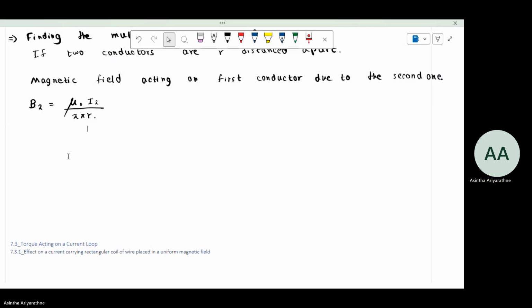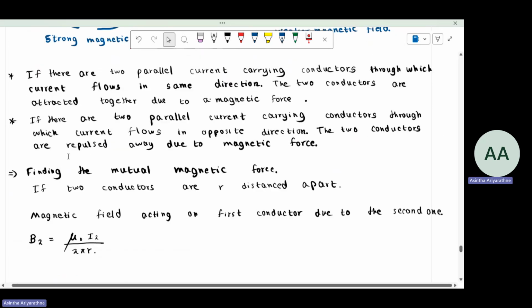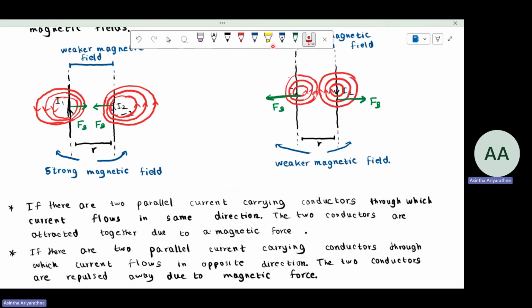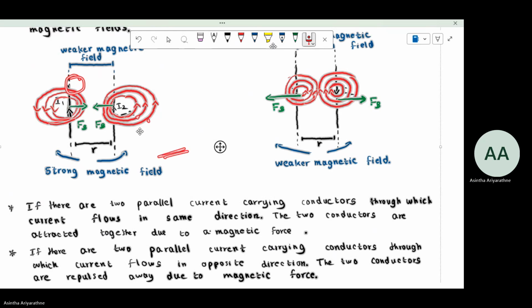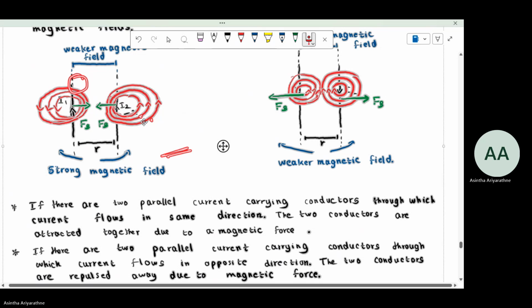Then the force. So here you can see the magnetic field induced on the first conductor by the second one is outward from the whiteboard.